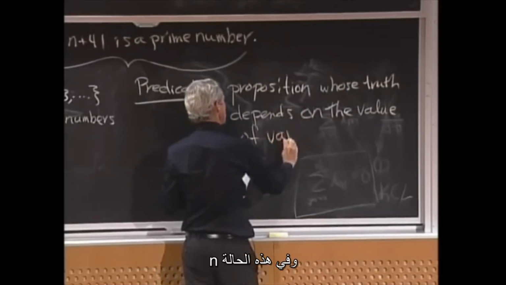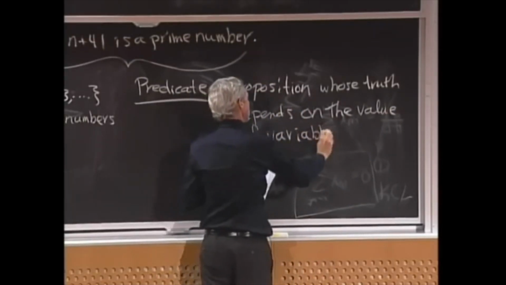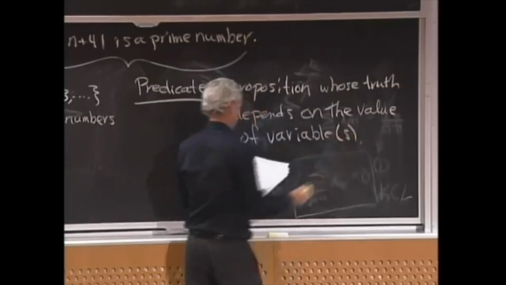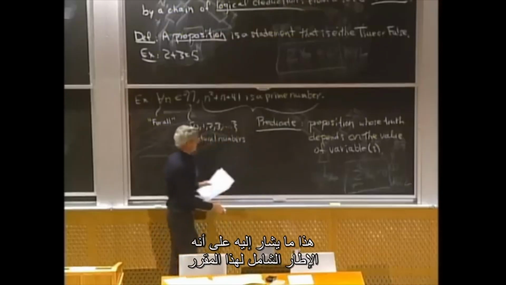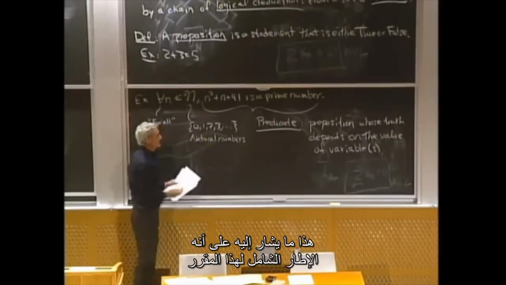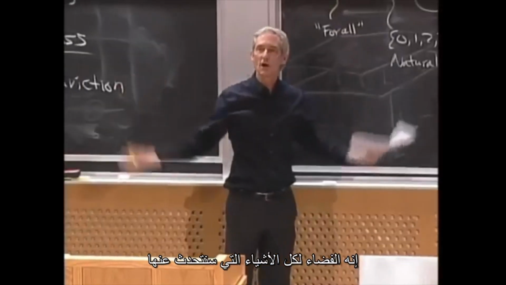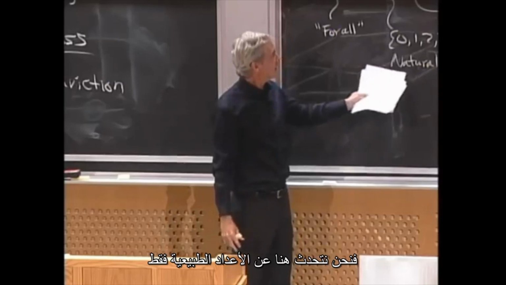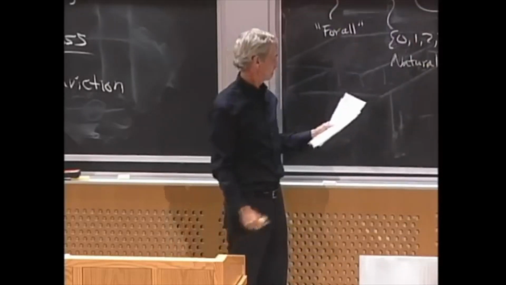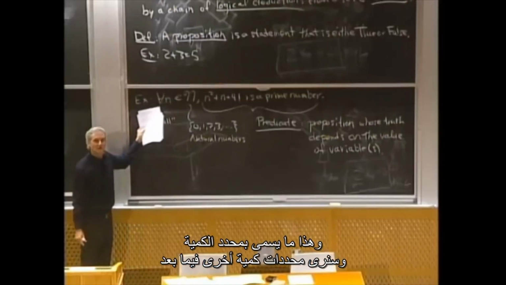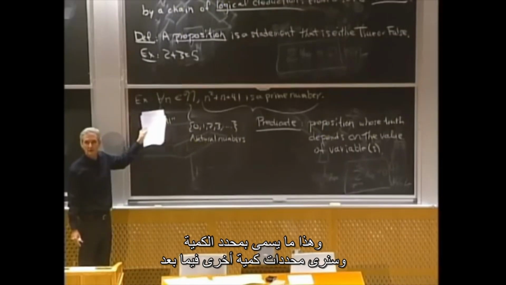In this case, n. All right, this is referred to as the universe of discourse. It's the space of all things we're talking about. We're only talking about natural numbers here. This is called a quantifier. We'll see more quantifiers later.